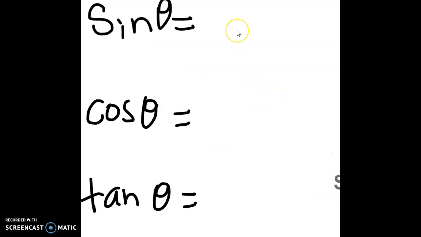Also, as a quick review, looking at cosine, sine, and tangent, how those are related to the unit circle, we would then say the sine of theta is going to be the y values. And the cosine is going to be the x value.